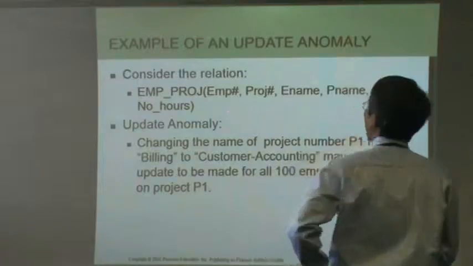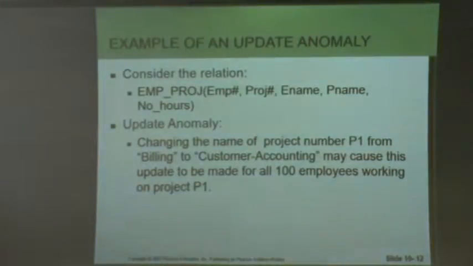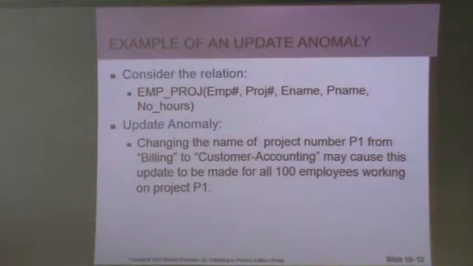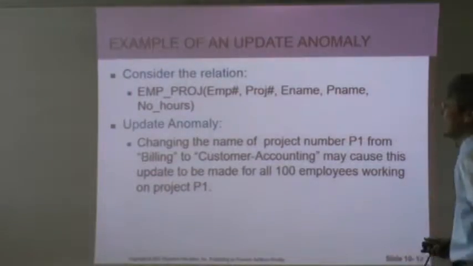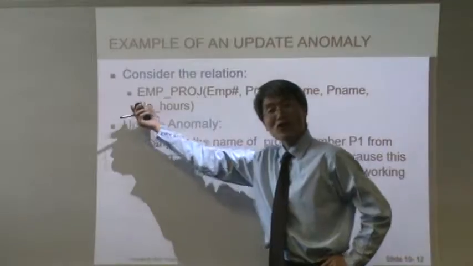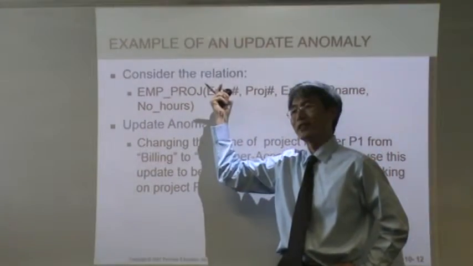So this is the initial design of the database for the company. I create the Employee_Project relation, or table. It includes the employee number, project number, E-name, P-name, and number of hours. Using even the first guideline, is it a good design or a bad design?